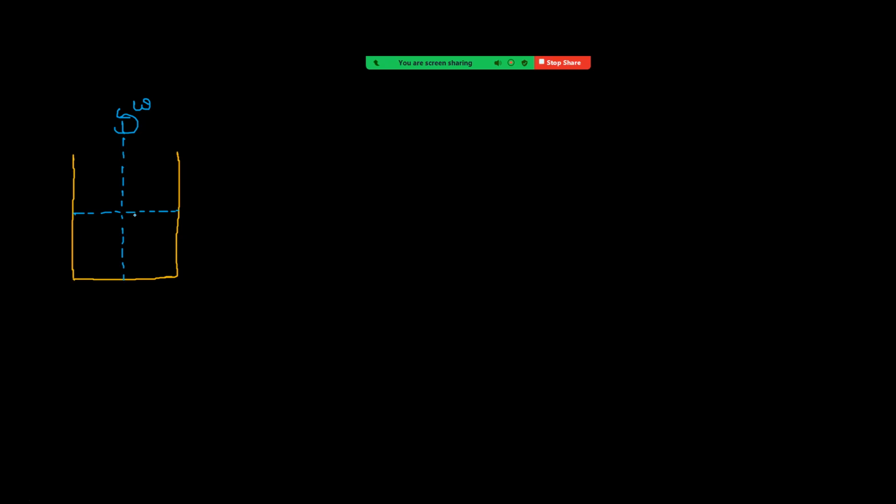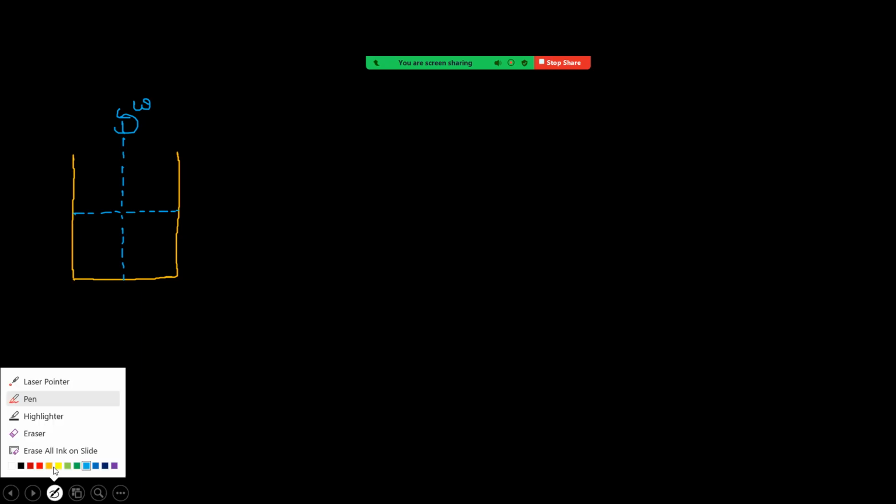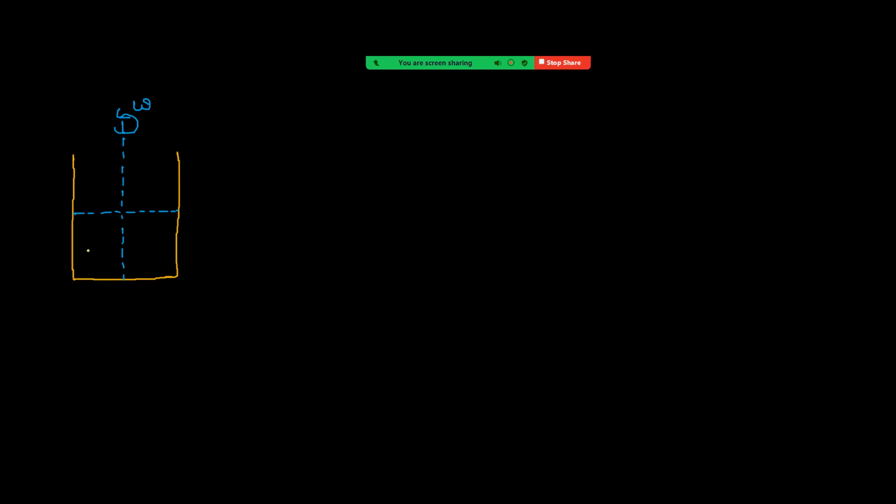When it starts rotating, the shape of the free surface now becomes a paraboloid. It will rise at the edges. It will be like this.